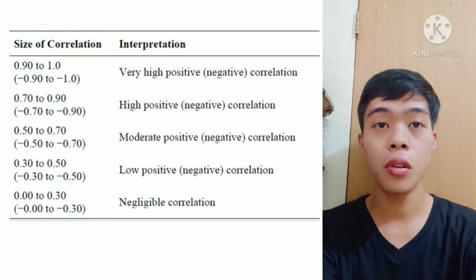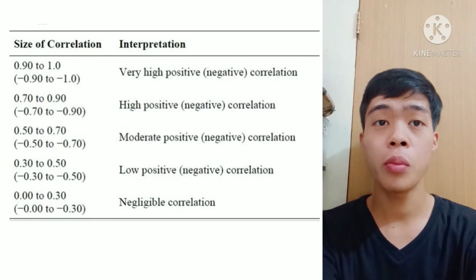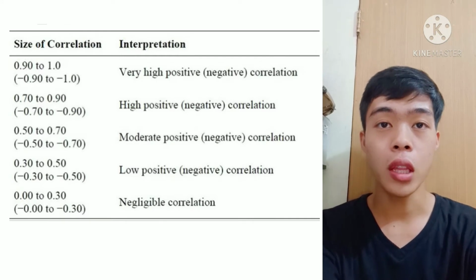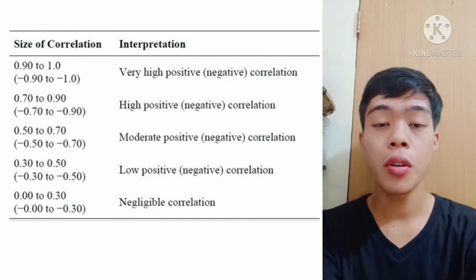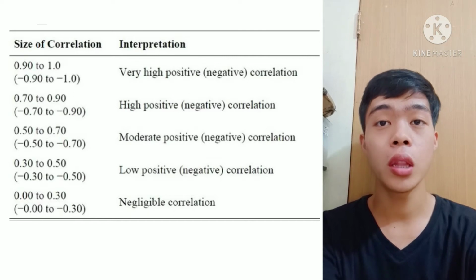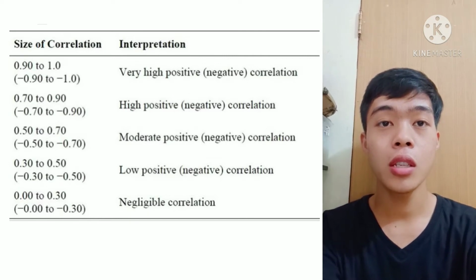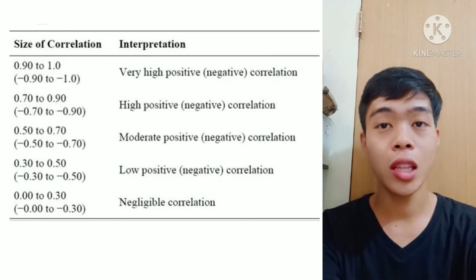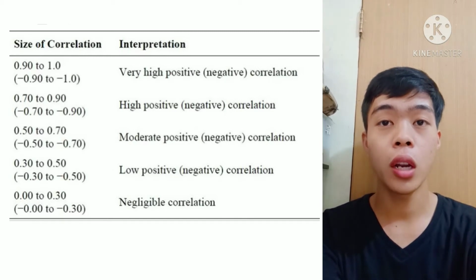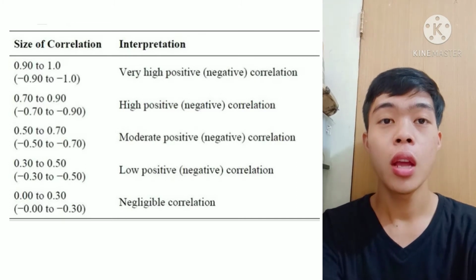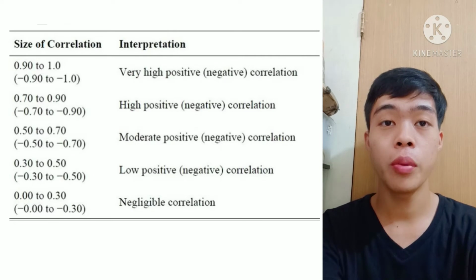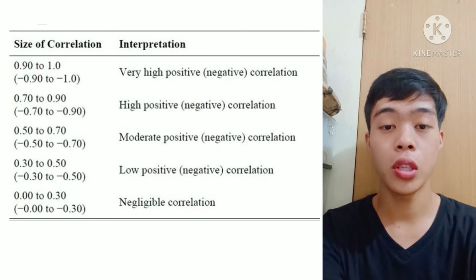If it is 0.50 to 0.70, it means moderate positive or moderate negative correlation. If it is 0.30 to 0.50, it means low positive or low negative correlation. And if it is 0.00 to 0.30, positive or negative, it means negligible correlation.